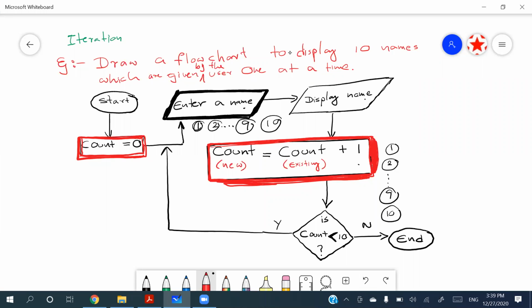And the count is the one which decides whether to iterate or not.